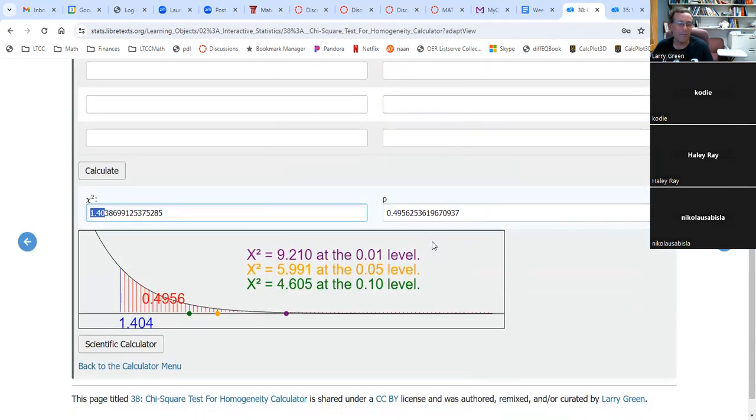And notice, by the way, we have the picture. We have our 1.404 over here. And notice to reject, you need to be far to the right of these guys, depending on whether you're using a 10%, 5%, or 1%. And we're not even close.